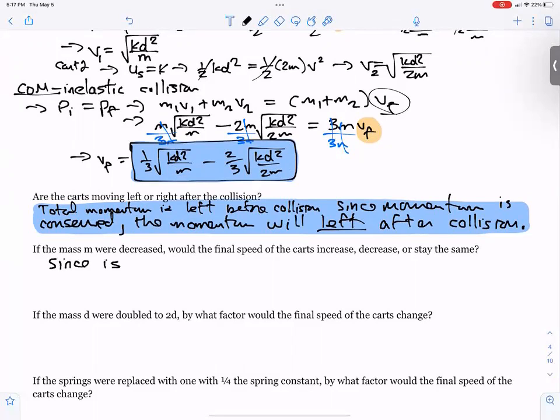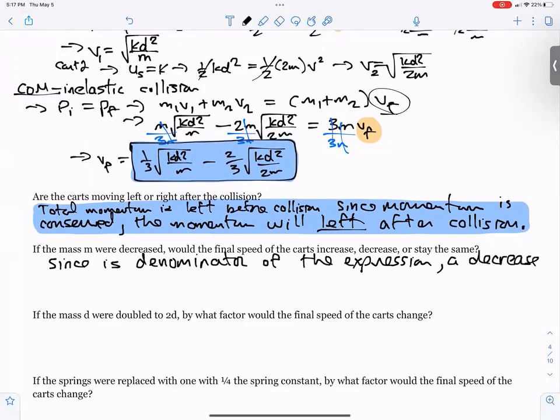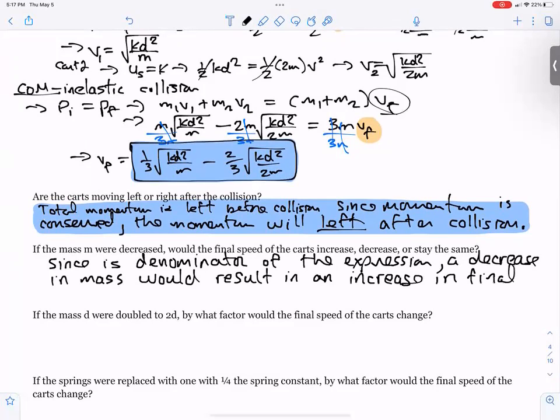So since mass is in the denominator of the expression, a decrease in mass would result in an increase in the final speed after collision.